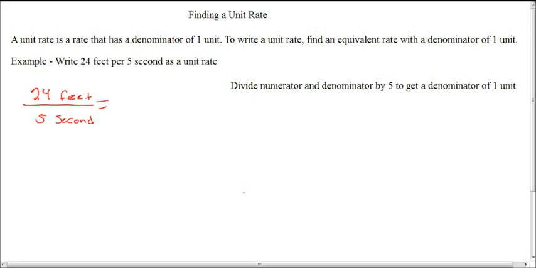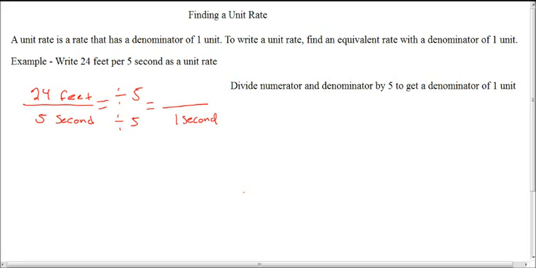So if we are trying to get the denominator as 1, we must divide both the denominator and numerator by 5. And that's going to give us 1 second in our denominator.